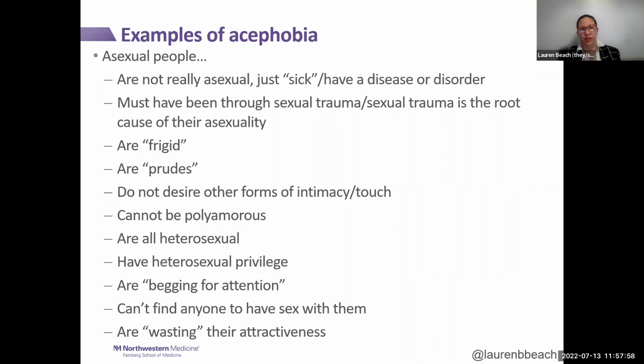There's an idea that, if you're asexual, how in the world could you be polyamorous? Because the idea of being in a romantic or loving or sexual relationship is outside of what most people are thinking about asexuality. So having more than one relationship, definitely a stereotype is that that can't happen.